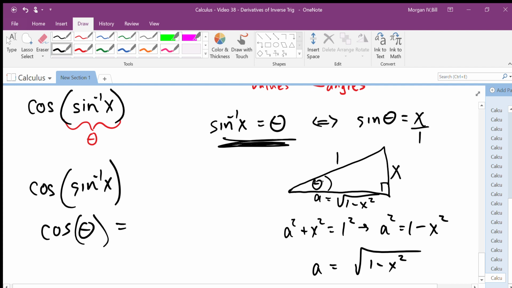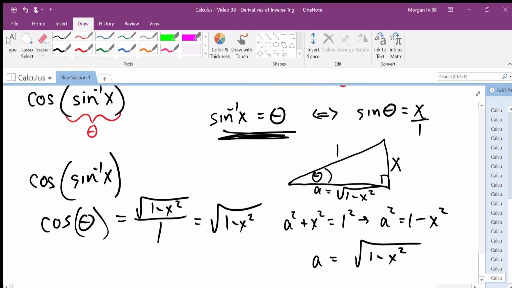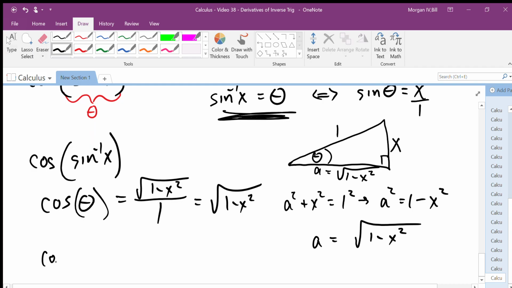The adjacent for theta is the square root of 1 minus x squared, and the hypotenuse is 1. Or you can just say the cosine of theta is the square root of 1 minus x squared. Or we could say the cosine of the inverse sine of x is the square root of 1 minus x squared. Done.